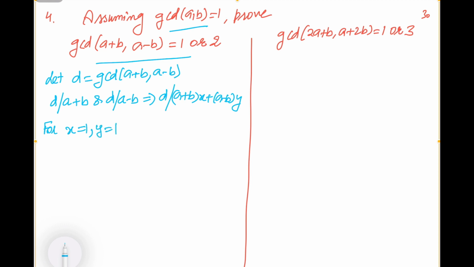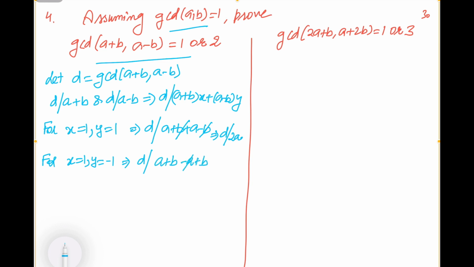So we get D divides A plus B plus A minus B. So which cancels and gives D divides 2A. Now for X is equal to 1, Y equal to minus 1, we get D divides A plus B minus A plus B. So A cancels, we get D divides 2B, which imply D divides GCD of 2A and 2B.